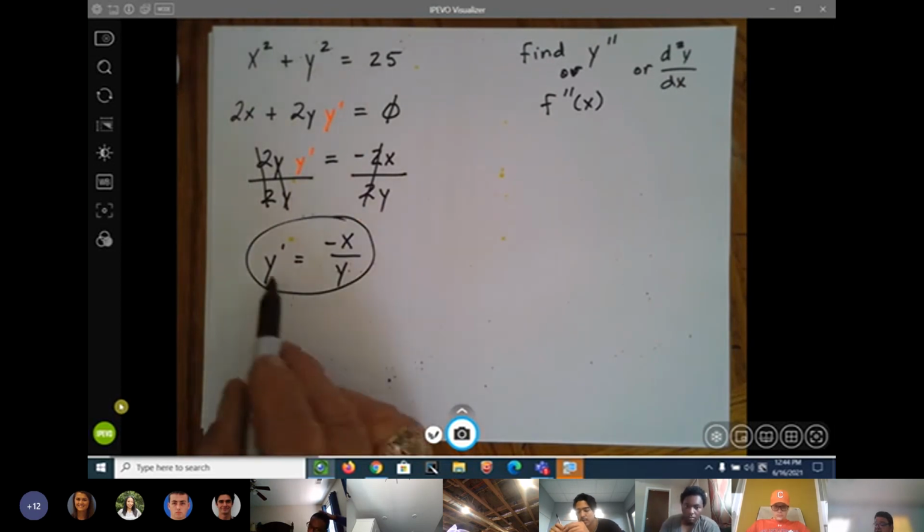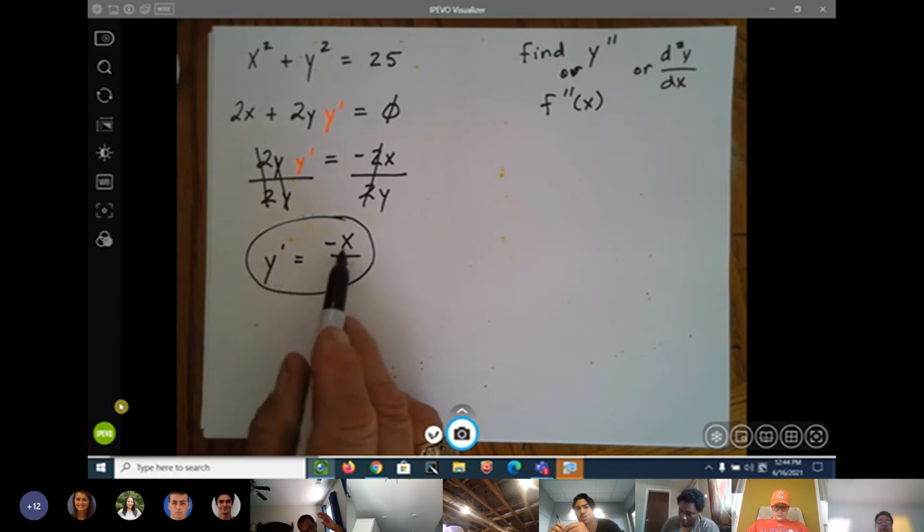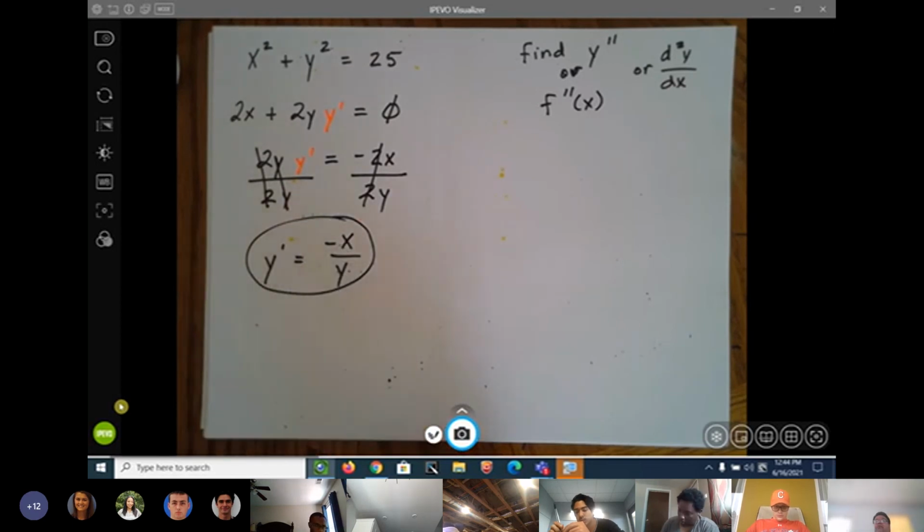Now I want you to take the derivative of negative x over y. You can use the product rule or the quotient rule. I'm going to use the quotient rule.